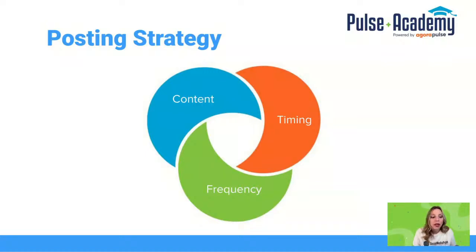If you Google what are the best times to post on Instagram, you'll see some global statistics, but the best thing you can do is look at your own analytics to figure out when your audience is active on social media, to think about ideal timing.